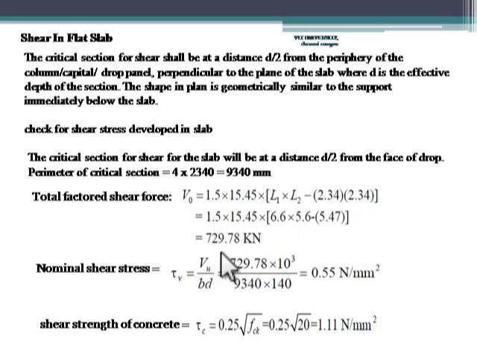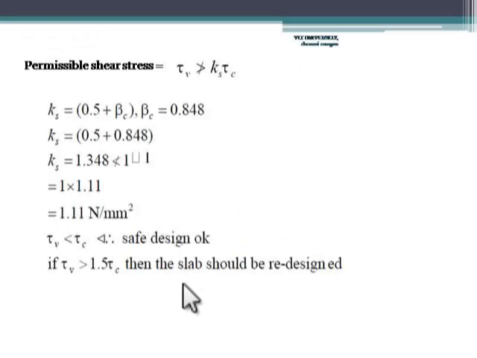So we got 729.78 kilonewton. Nominal shear, that is tau v equal to Vu by bd. So we got 0.55 Newton per mm square nominal shear, and the shear strength from the formula tau c is equal to 0.25 root of fck, we got 1.11 Newton per mm square.